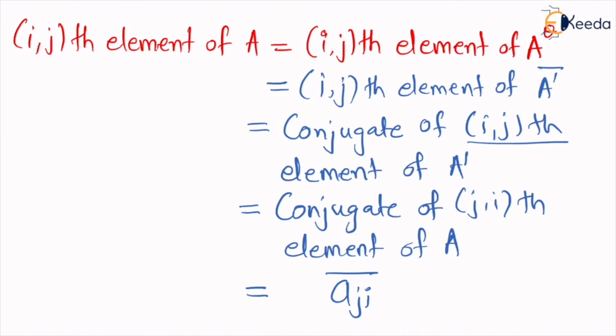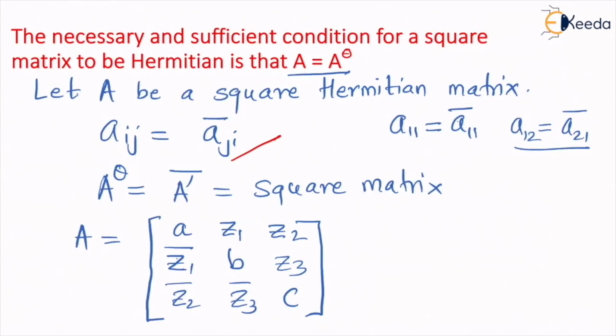So what we got here is Aij is equal to Aji bar, and this is the condition which we saw in the first line. If Aij is equal to Aji bar, then we call such a matrix a Hermitian matrix. We got the similar condition there, and that is why we can say that A is a Hermitian matrix, and we have proved the given theorem.